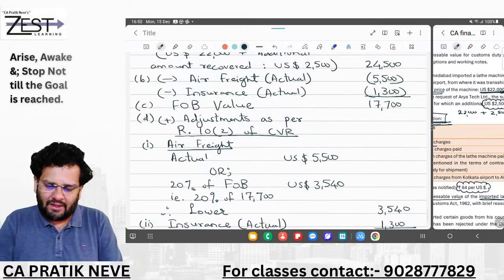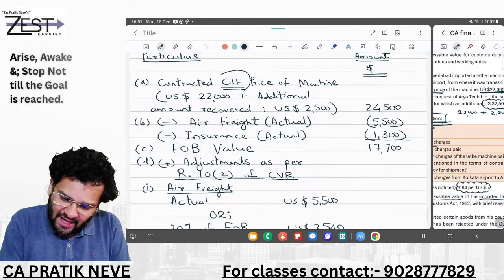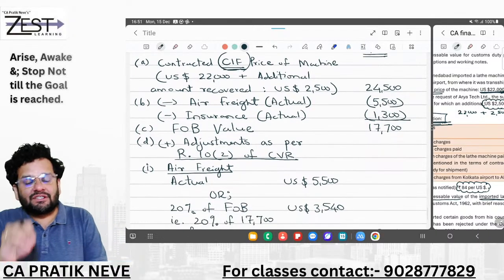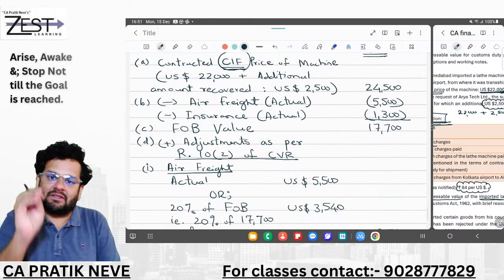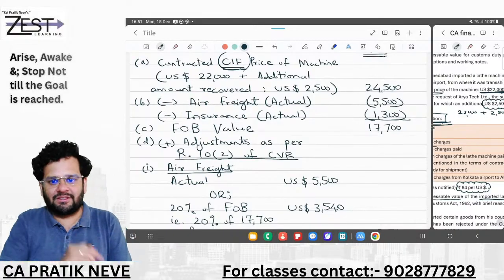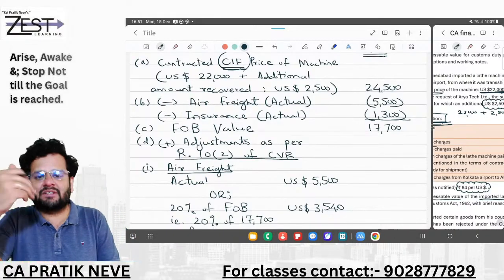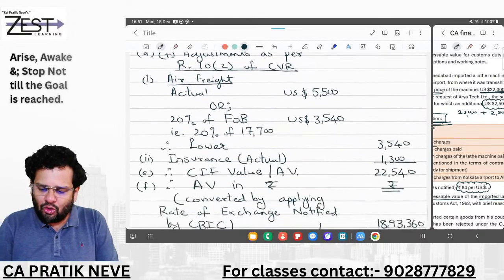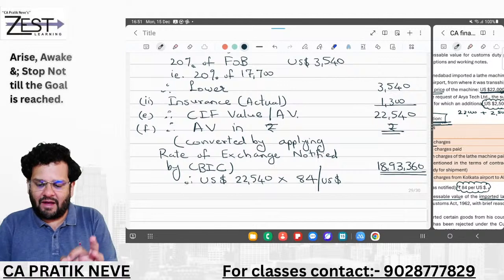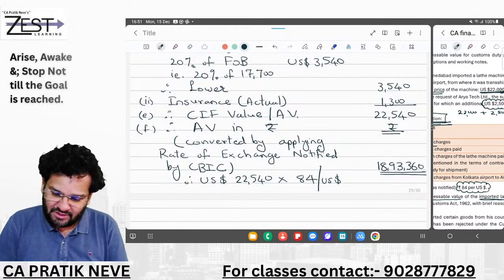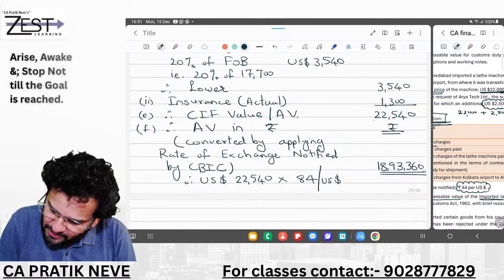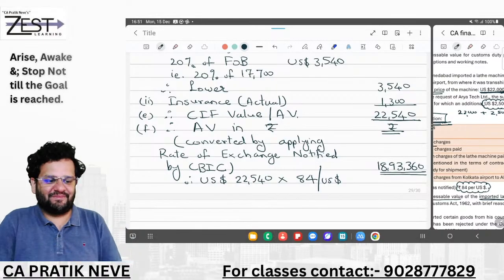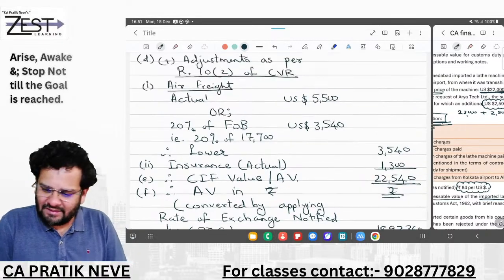Because when the word is CIF, that means it is including transport and insurance. So you should exclude the transport and insurance, get the FOB value, then again go back to CIF value as per customs. So this is the CIF value as per customs. Clear?